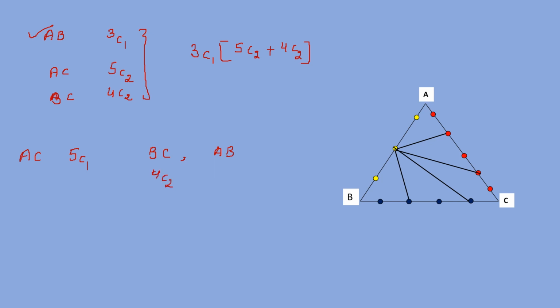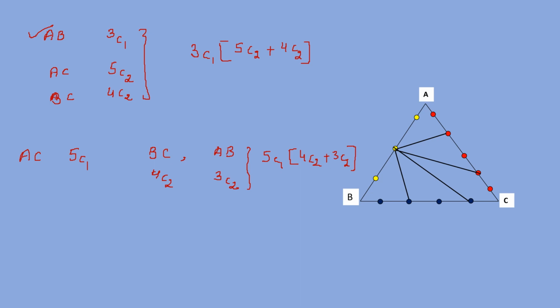And what are the choices to choose 2 points from AB? These are 3C2. So in this case, the choices are 5C1 times 4C2 plus 3C2. So this many triangles can be constructed in this way.